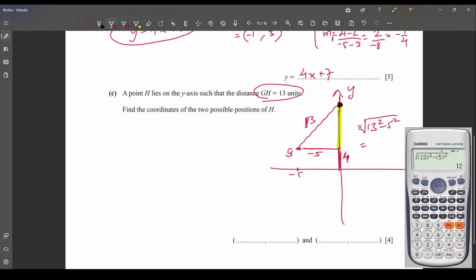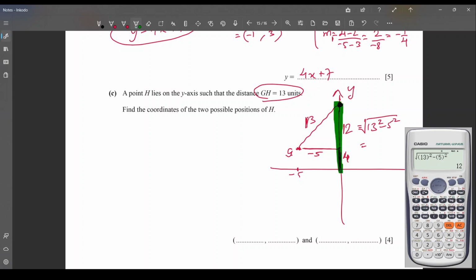So we got this length as 12. So the total coordinate is this one, from here to here. So 12 plus 4 is 16, right?